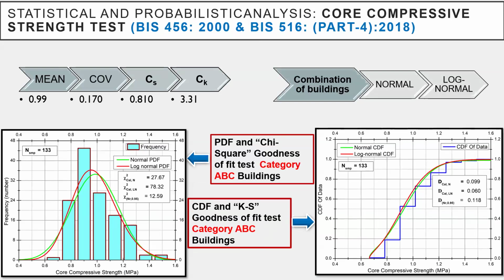Here we have found the mean value is about 0.99, nearly 1, and coefficient of variation is 17%. Coefficient of skewness and kurtosis are 0.81 and 3.31. Both the chi-square test and KS test have revealed that core compressive strength follows both normal as well as log normal distribution.